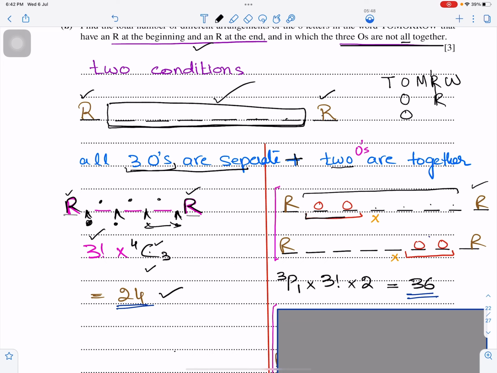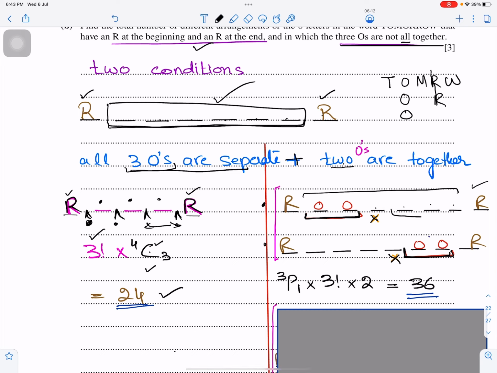If O's are here, then the next place cannot be taken by O because only 2 O's can be together here. Or if O's are here at this end, then this place cannot be taken by O. It means these two arrangements have the same way to calculate. So let's see this one.